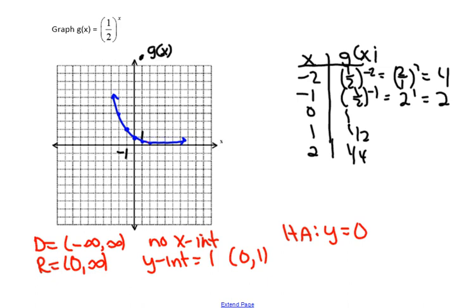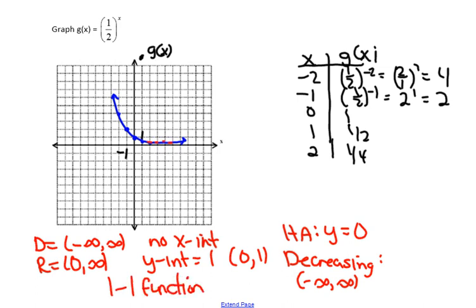But what makes this different? It is decreasing all the time instead of increasing like on the previous problem. This function is never increasing, and it is never constant. The other nice part is this is still a one-to-one function, meaning that this function, like the previous one, does have an inverse.